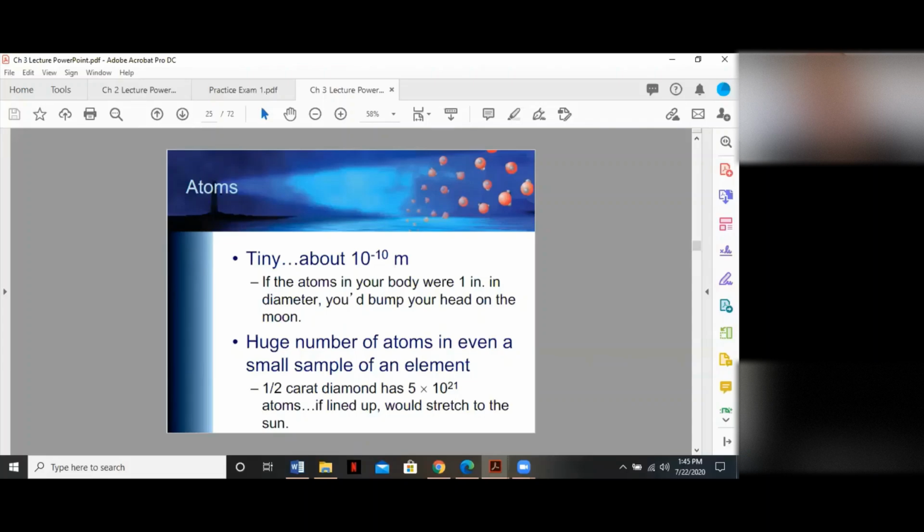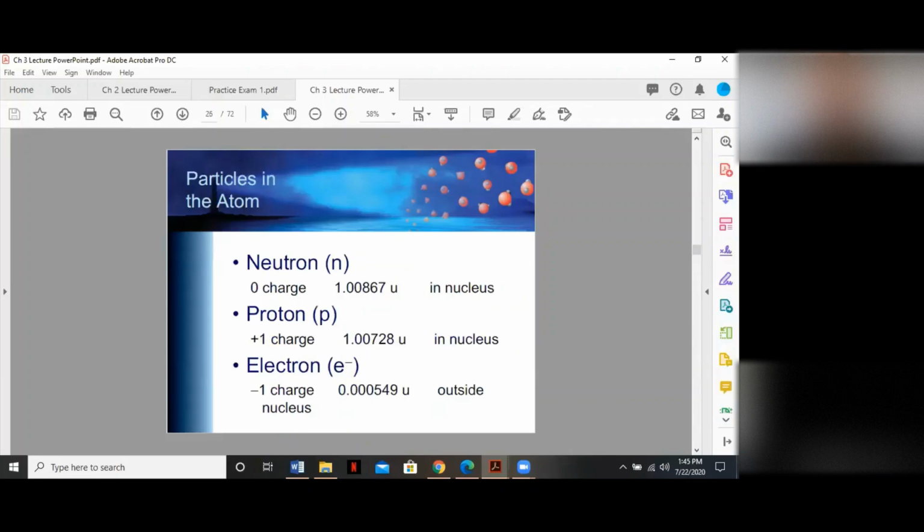So the atom, which is about 10 to the negative 10 meter in size, consists of subatomic particles. These subatomic particles we refer to as neutrons, protons, and electrons.